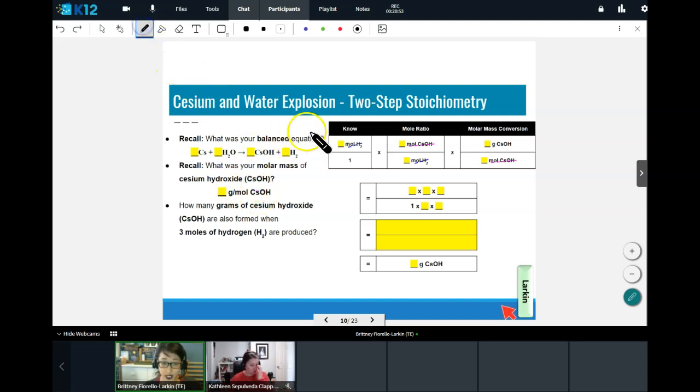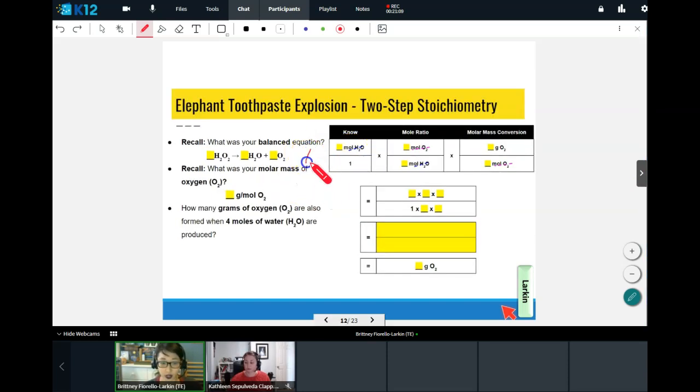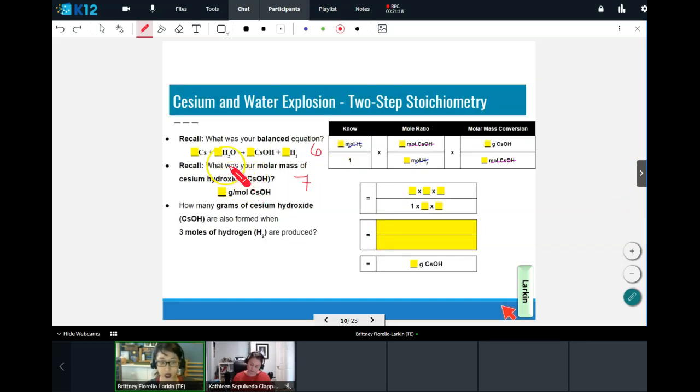The balanced equation came from slide number 6, your drawing, and the molar mass comes from slide number 7, where you calculated molar masses of 2 of your chemicals in your reaction. That's true for the purple version, slide 6, slide 7. That's true for the yellow version, assuming you deleted the slide you were supposed to, and the pink slides.